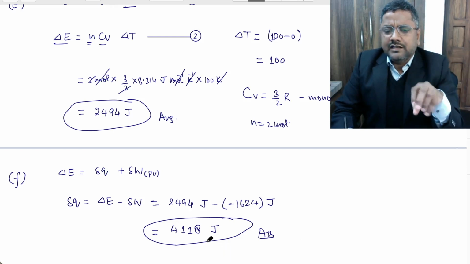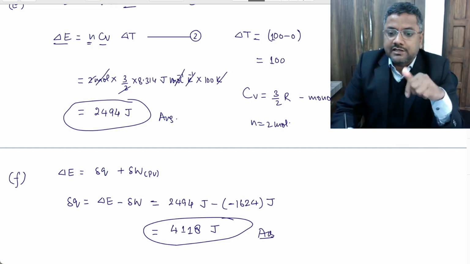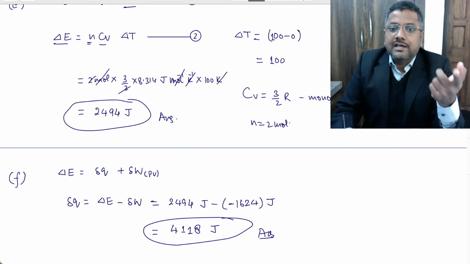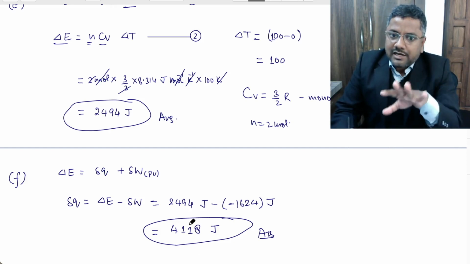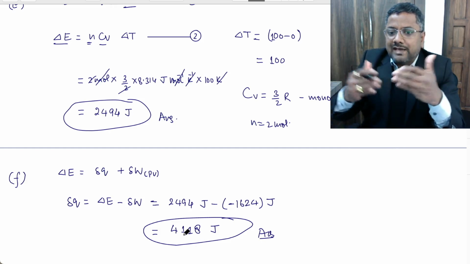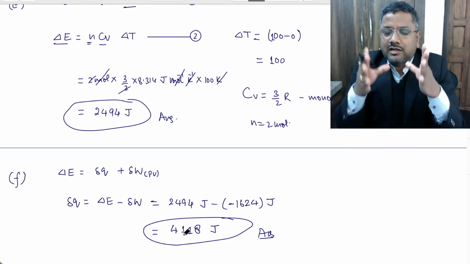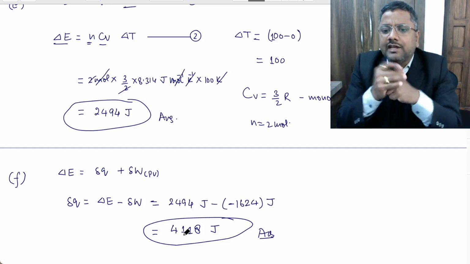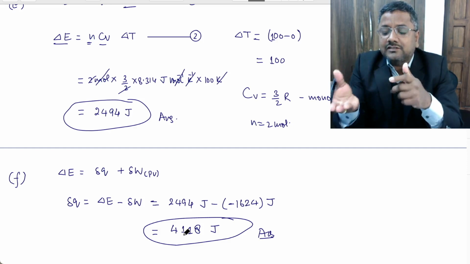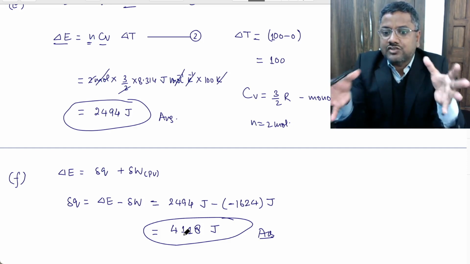So basically the terminology, work done by the gas, work done on the gas, heat energy released from the system, heat energy absorbed by the system, and your sign conventions should match each other. When you are writing amount of work done by the gas, definitely in your calculation that value will come negative, but don't write the negative sign in your answer with the statement that work is done by the gas.